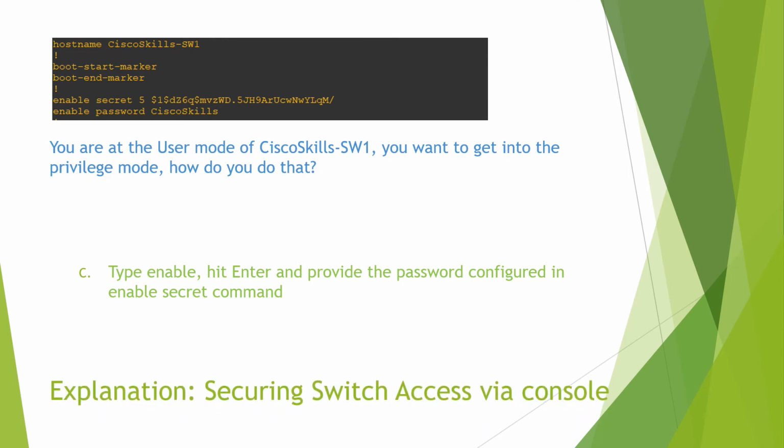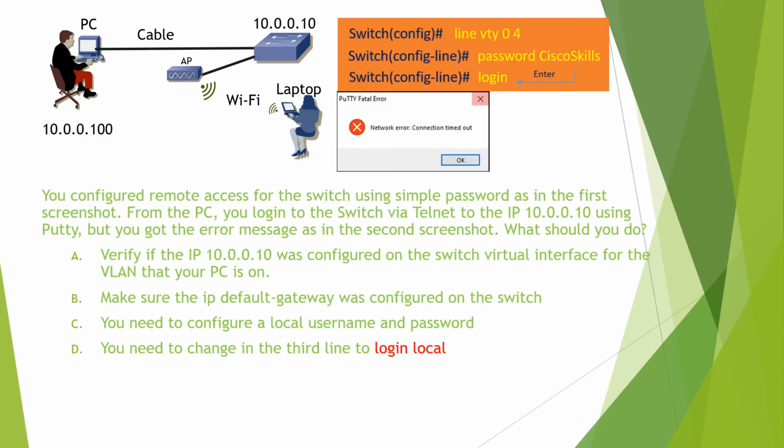Securing switch access via console. The question reads, you configure remote access for the switch using a simple password as in the first screenshot. From the PC, you log into the switch via telnet to the IP 10.0.0.10 using PuTTY, but you got the error message as in the second screenshot. What should you do?